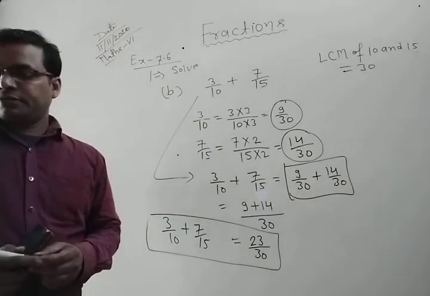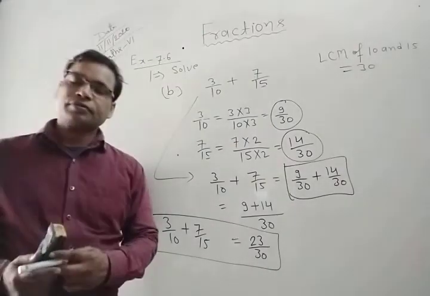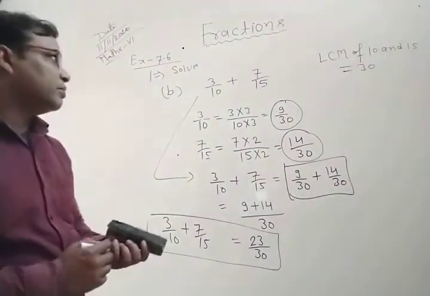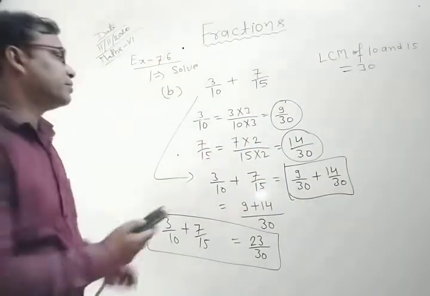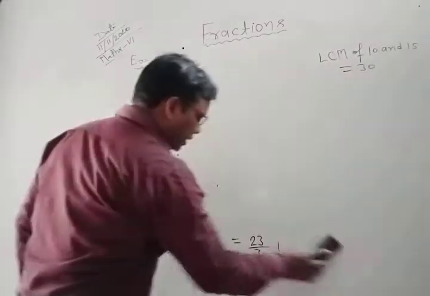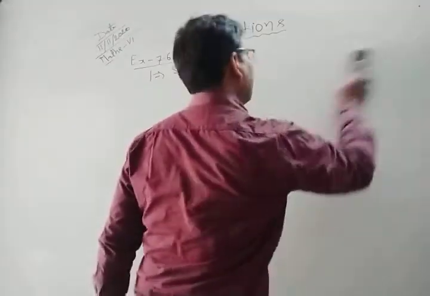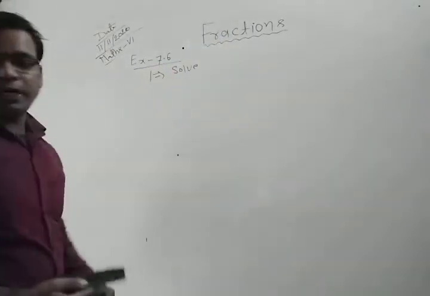Now we are going to discuss the next question, C part of question number 1. We can solve the C part without taking the LCM. We solve it by the direct method.